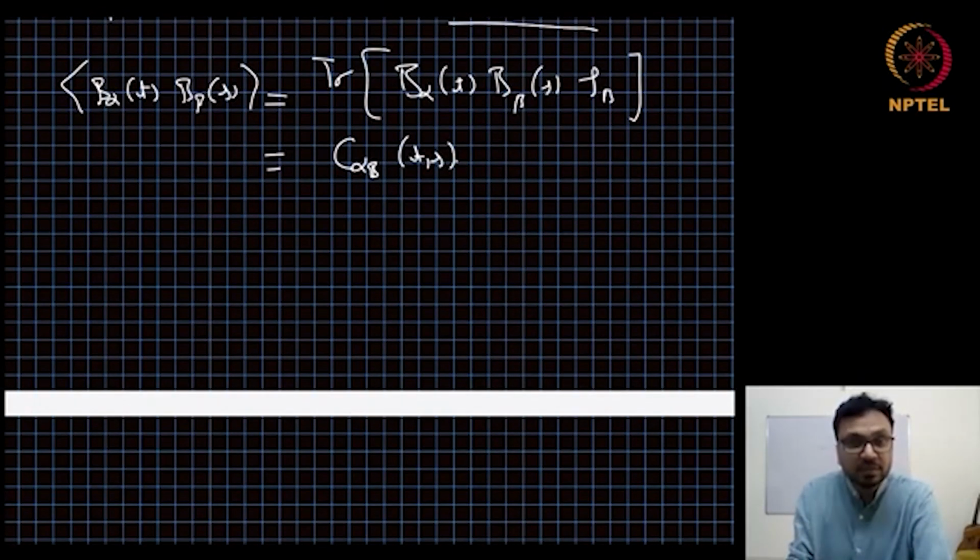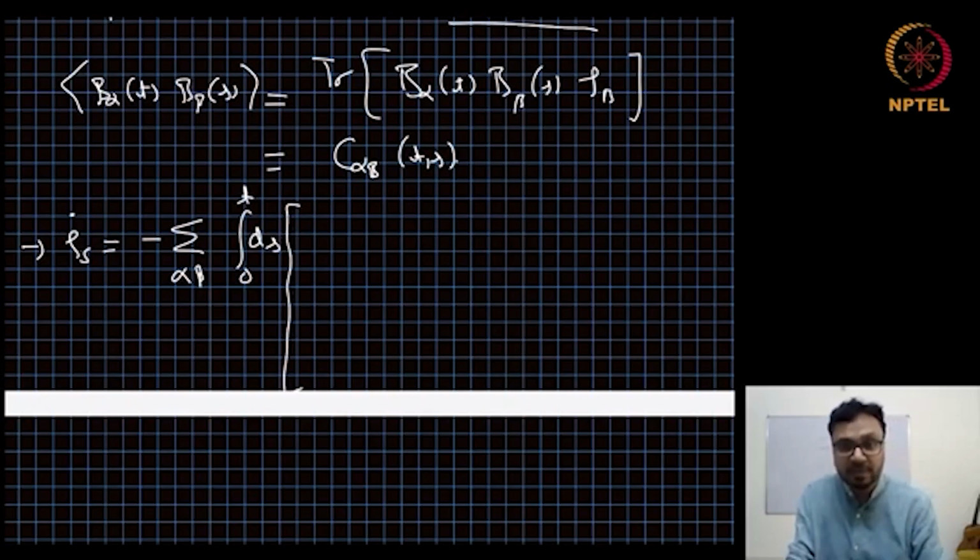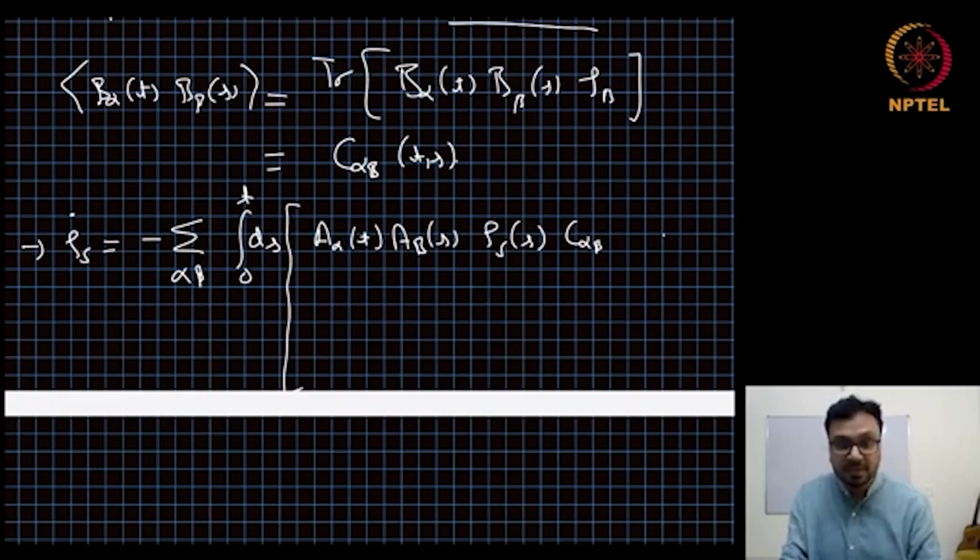So using this, we can write the dynamical equation: rho s dot at t equals minus sum over alpha beta, integration 0 to t ds. There will be 4 terms here, and those will be A alpha at t, A beta at s, rho s at s times C alpha beta, and I'm just suppressing t and s here. The next term will be A beta of s, rho s at s, and A alpha at t, C alpha beta.